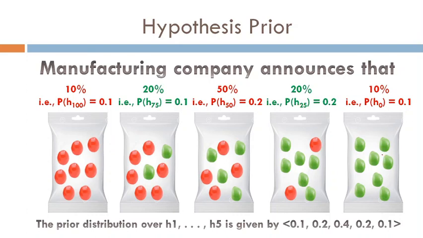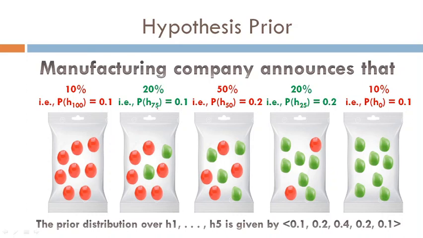Next, all lime candies are 10%. Simply once again listen: all cherry candies 10%, 75% cherry candies 20%, 50% cherry candies 40%, 25% cherry candies 20%, no cherry candies 10%.